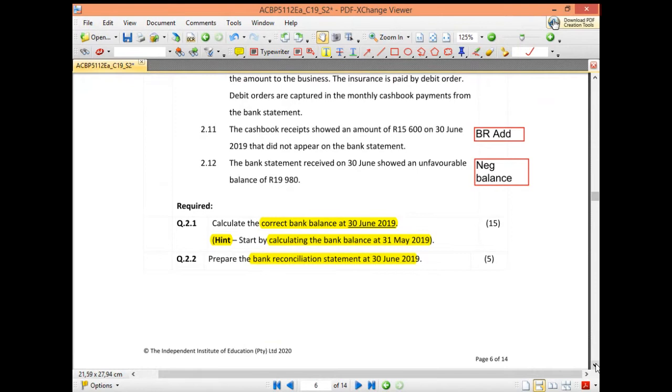Okay, and then question 2, they want you to do the bank reconciliation statement. Now, because it's only 5 marks, it would not be a very long bank reconciliation. But most of your marks are actually listed under your correct bank balance because you would have to do the adjustments that you would normally include in your cash book receipts, cash book payments to get to that balance.